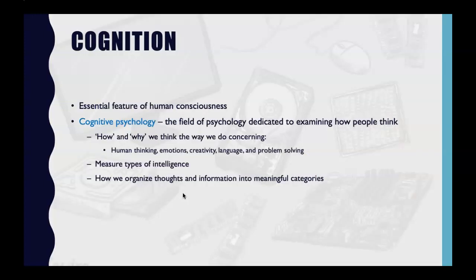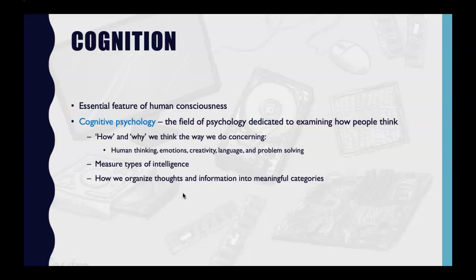We're going to talk about that. Cognition is an essential feature of human consciousness. From what we know and have studied about animals so far, including human animals, we can tell that there is a conscious component. Now, of course, there is an extensive amount of research that goes into non-human animals, but we're going to focus on human consciousness.